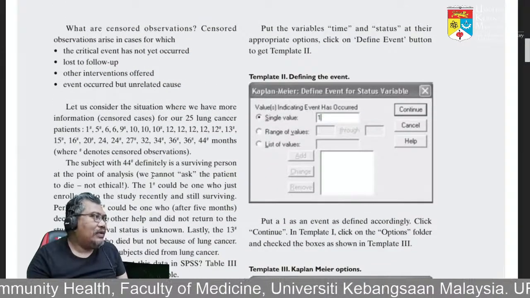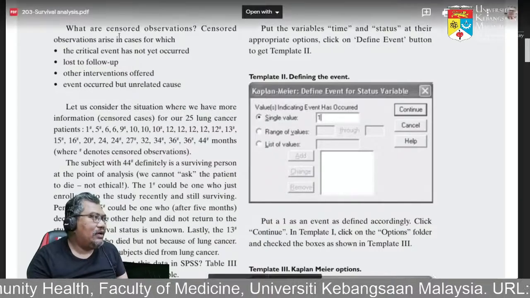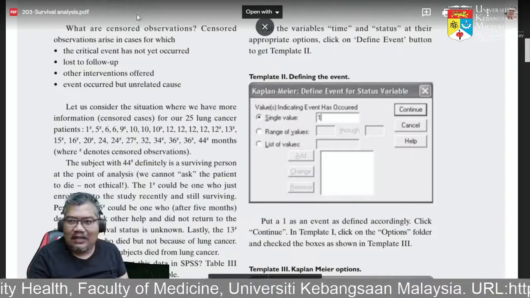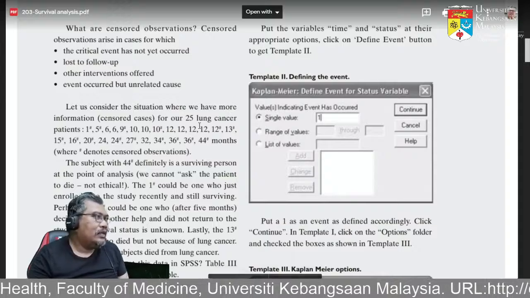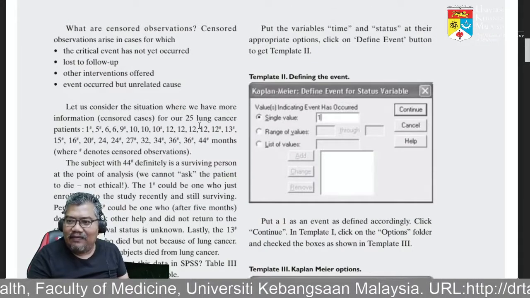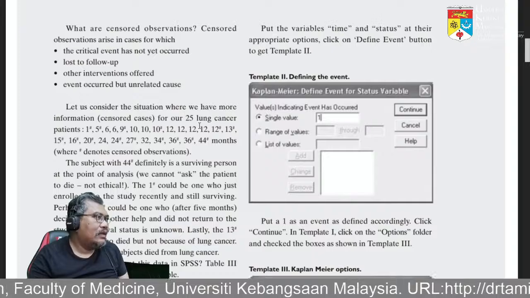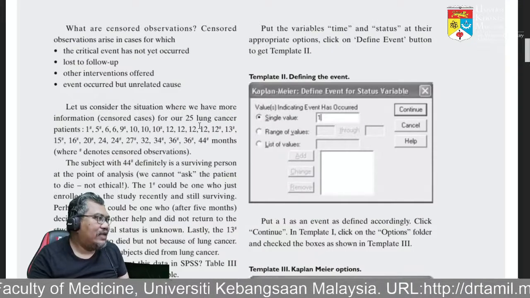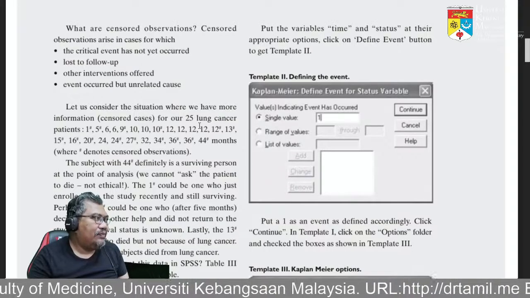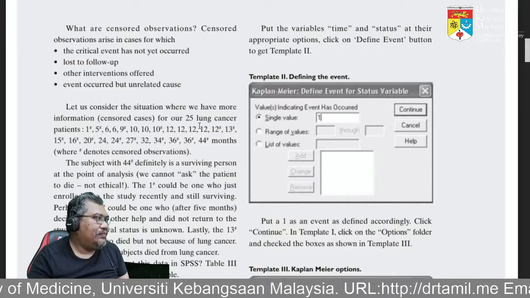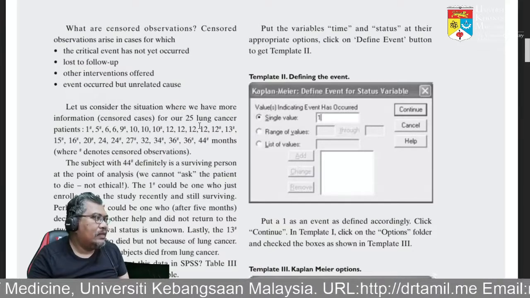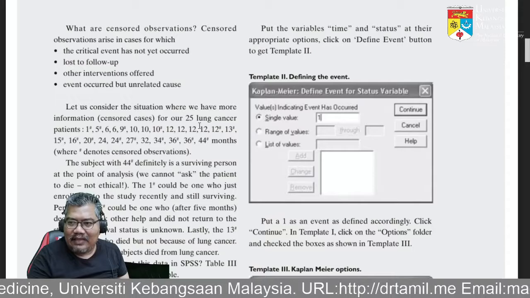In this case, Y.H. Chan came out with a hypothetical data set. He gave 25 lung cancer patients, and these 25 lung cancer patients were followed up over time, and over time, some of them died.